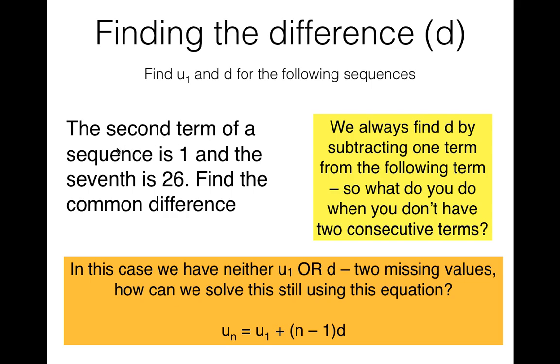The second term of a sequence is 1 and the 7th is 26 and you need to find the common difference, D. So if we have an equation, we have 2 possible options for that equation and we have 2 missing values, think about what you can do. Pause the video here, substitute those values in and think about what you can do with them.